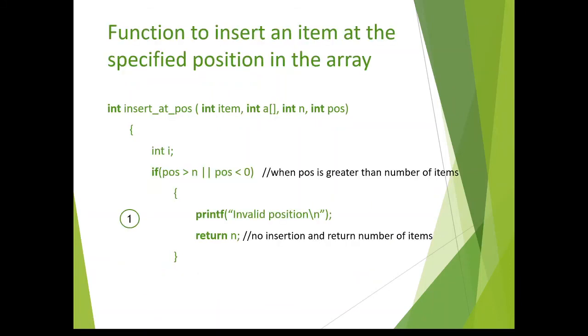Here I have written the function to insert an item at the specific position in the array. I have combined everything and written it in one function. The item, the array, the n value and the position are passed, and i is taken as a local variable. At first, when the position is greater than the number of items, there is no insertion and it returns the number of items, showing the invalid position.